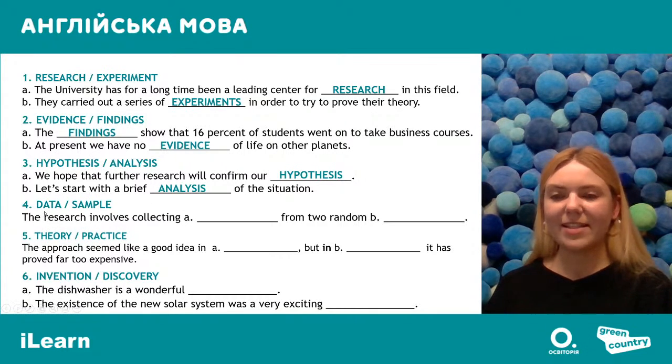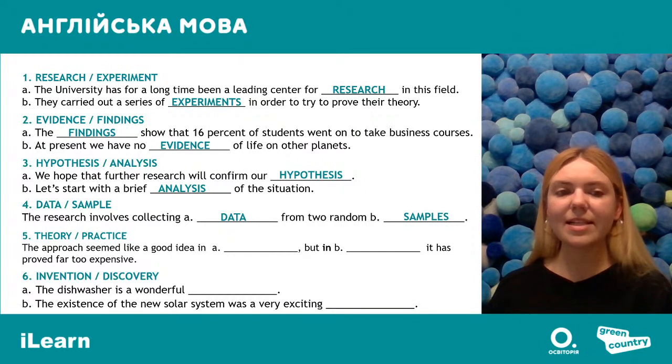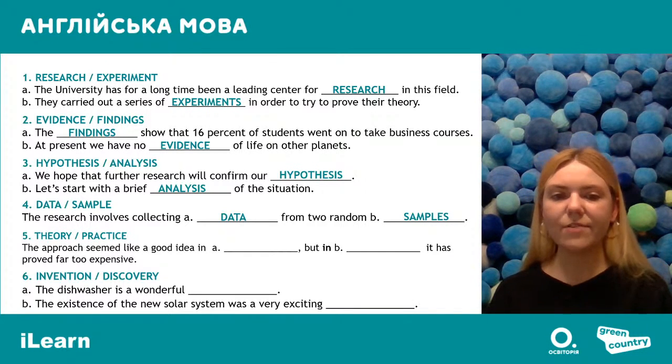Then for data, дані або інформація, and sample, зразок. Зразок для вивчення. The research involves collecting from two random and we can collect data from two random samples. Можемо зібрати дані з двох різних зразків. Зразки для вивчення. Then number 5, theory and practice.